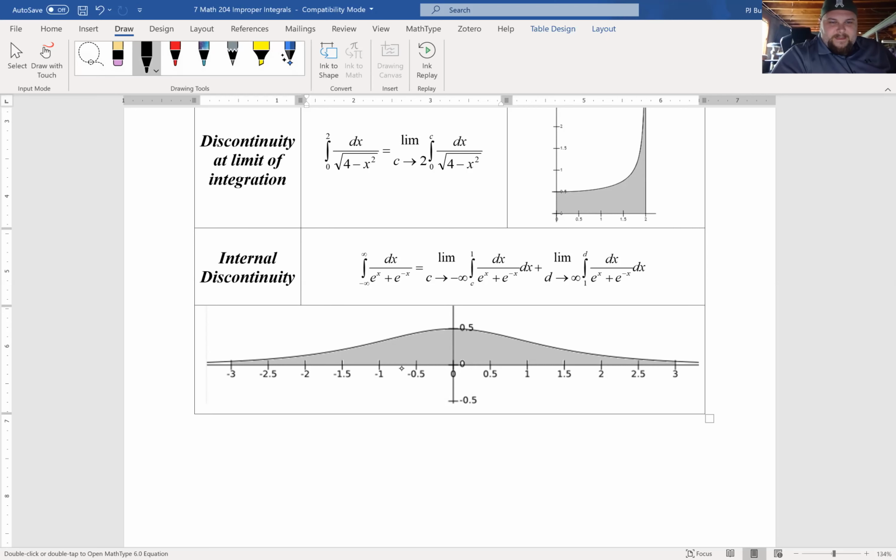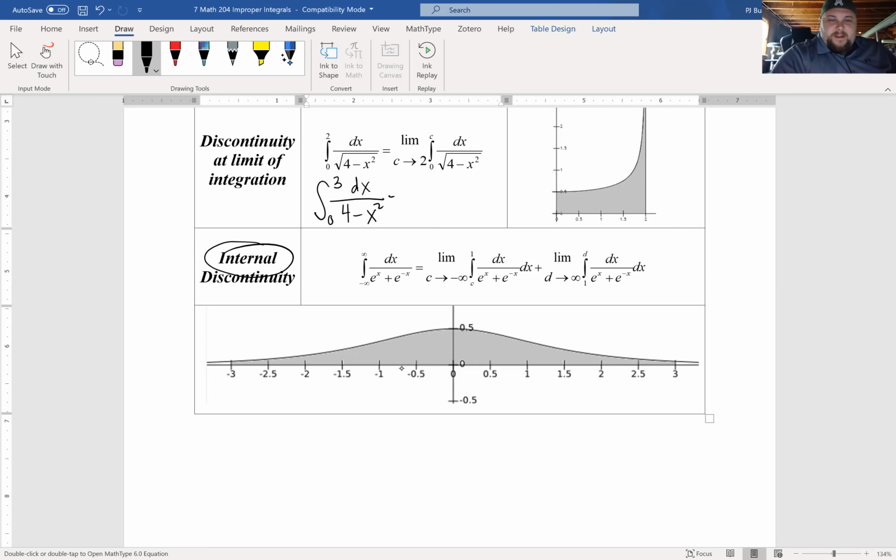If instead this integral ran from, say, 0 to 3, and let's just not worry about the square root for this example. So 2 is still a problem, but 2 is not one of the bounds. It occurs between the bounds. So that's what we would call an internal discontinuity.